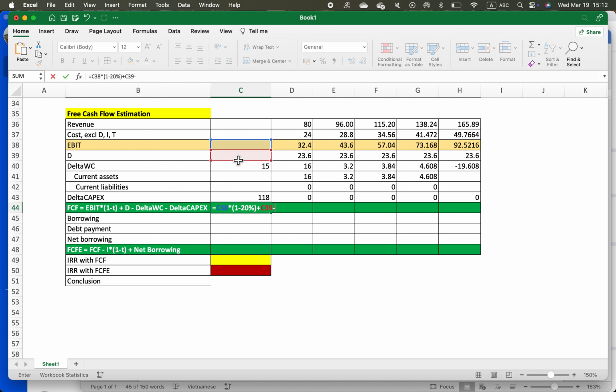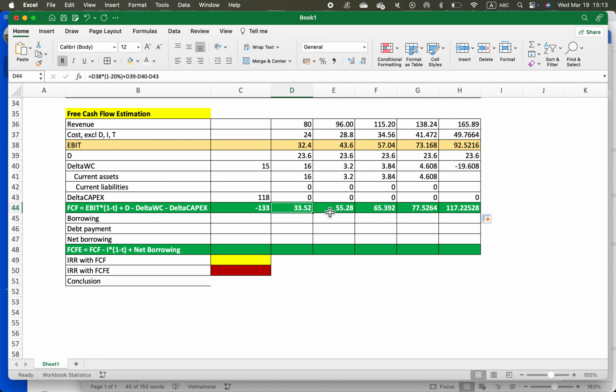And then we subtract delta working capital, which is here, and we also subtract the delta capex. We have the formula, and I taught you this formula very clearly already. Enter.